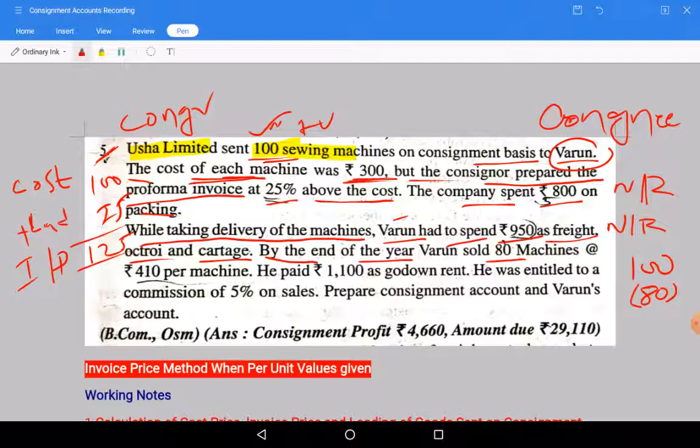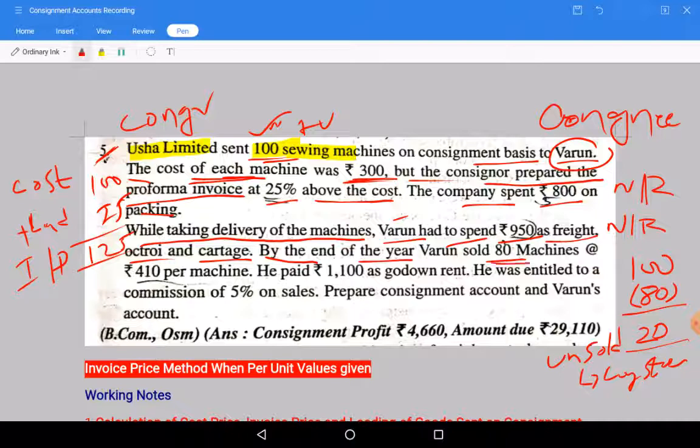From 100, if you deduct the 80 sold, 20 will be unsold units. For this we need to calculate consignment stock. Consignment stock we will calculate with the proportionate non-recurring expenses of the consignor and the consignee.